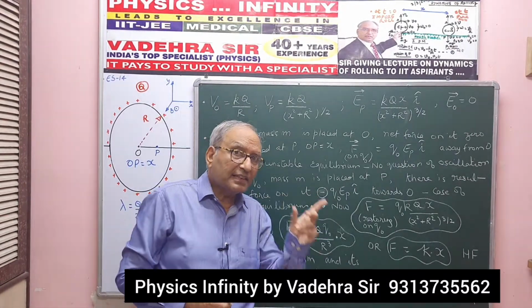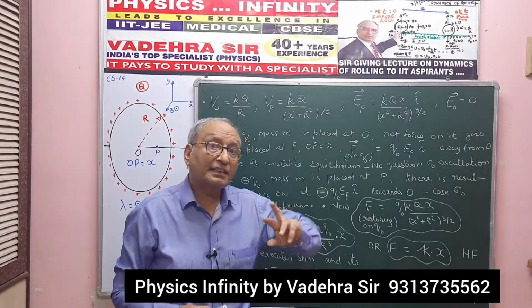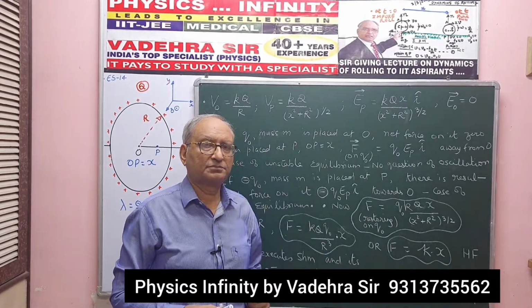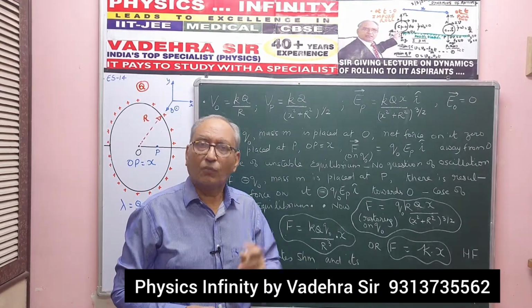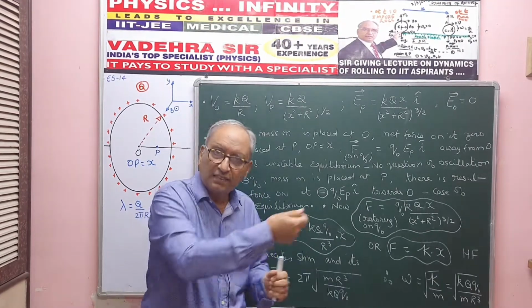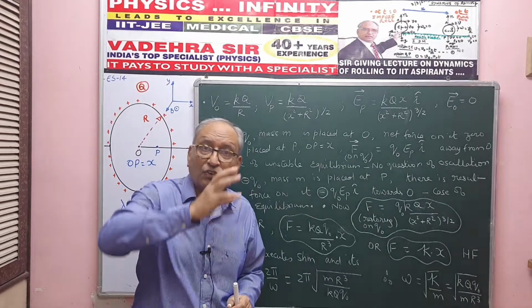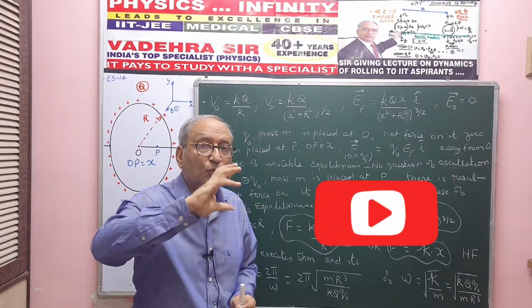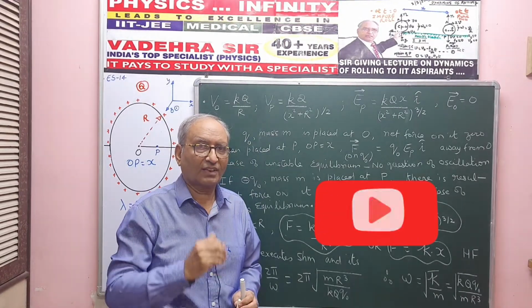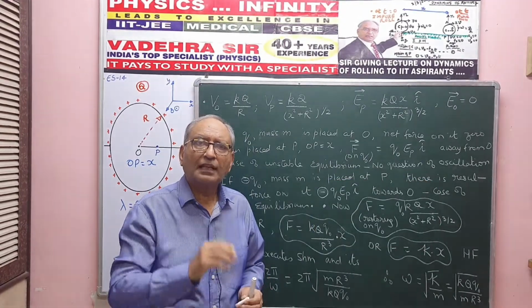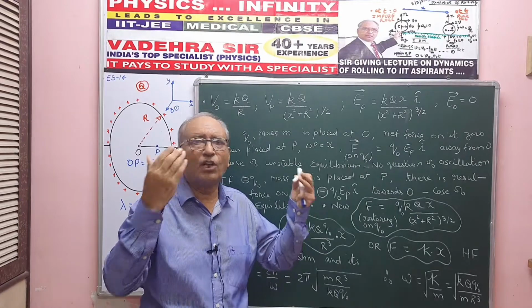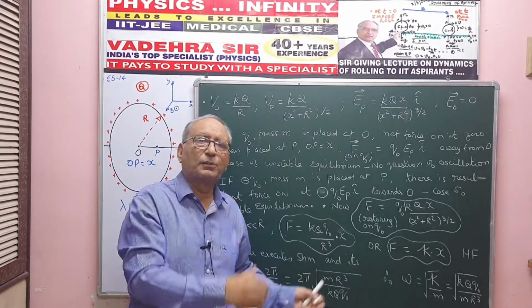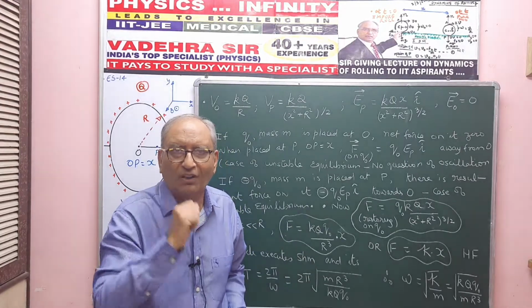Now, if it is a case of stable equilibrium, I can think of the possibility of an SHM. But for that, I have to make sure that the restoring force is a constant multiplied by x. The restoring force should be a Hooke's force. In all problems of SHM, the displacement from the mean position or the equilibrium position has to be very small.